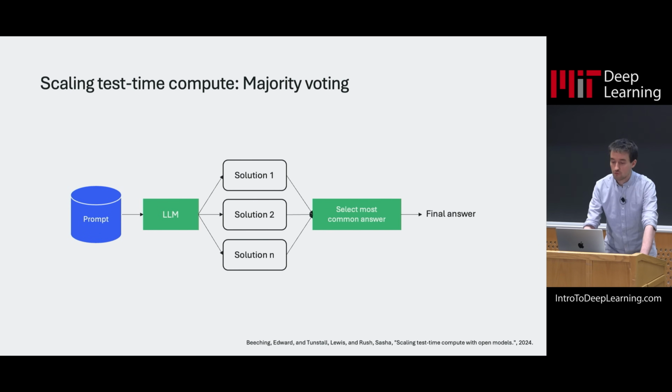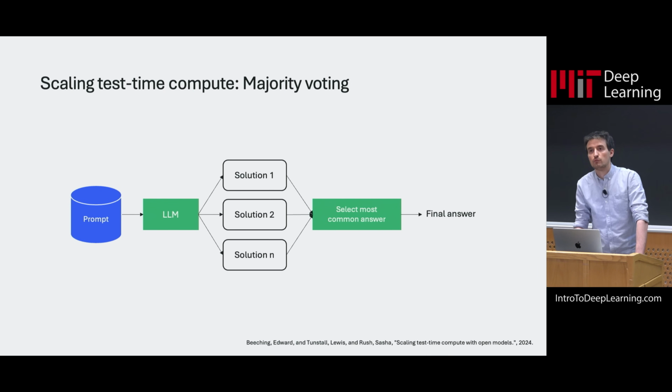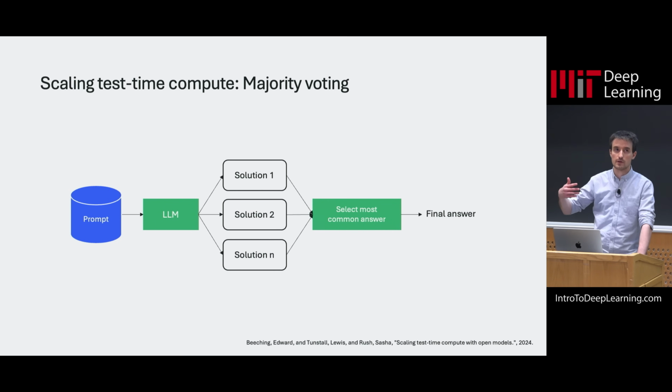The thing is, when you do majority voting, you're probably going to use different sampling parameters. So it's not greedy decoding. It's something more like top P decoding. You will see that the model can sometimes fail. This is also something that you see with hallucinations, for example.